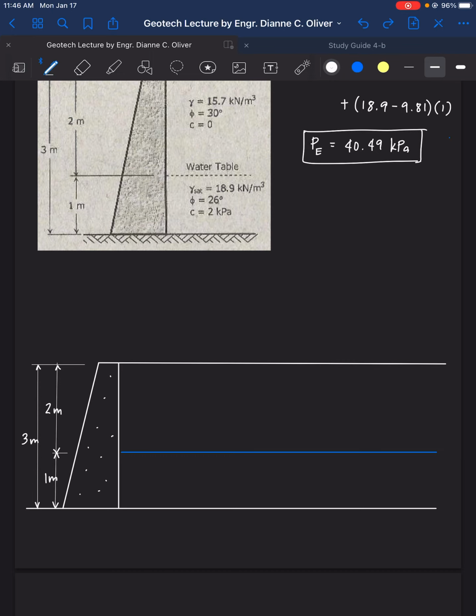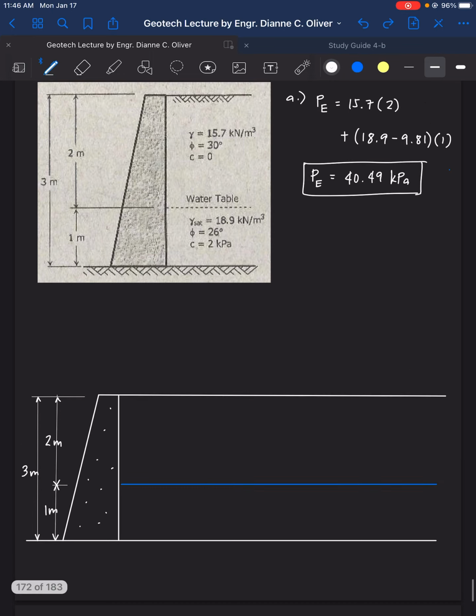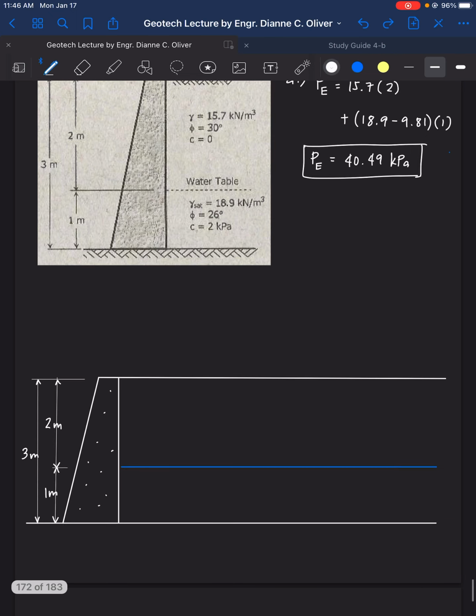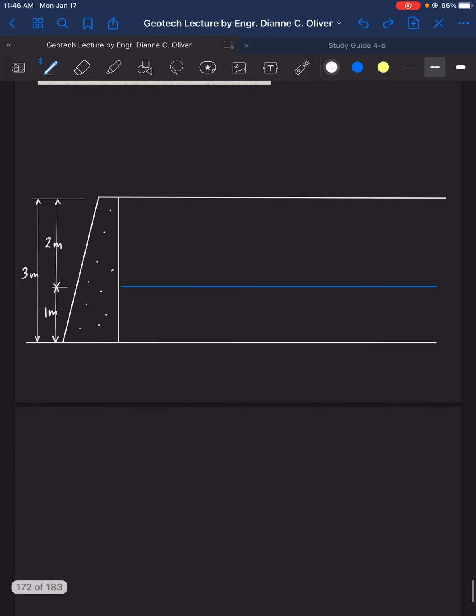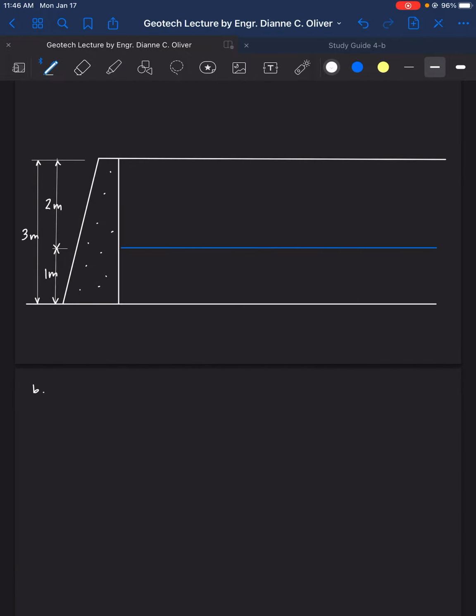First and foremost, we need to have the K active. Solve for K active first. For letter B, K active 1 is 1 minus sine of phi all over 1 plus sine of phi.